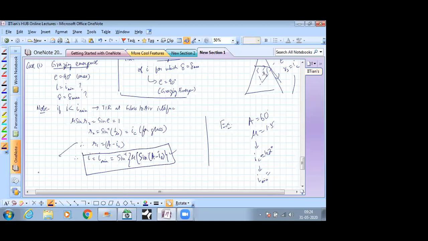Because basically we are using that formula, sine I is equal to mu sine R1. Okay, so R1 is this. Yeah, so coming back to that, my angle of prism was 60 and the critical angle was around 42. So 18 degrees is R1. So sine of R1 is 0.3 approximately, so into 1.5, and then sine inverse of that. So this will come close to about 27.6 degrees.